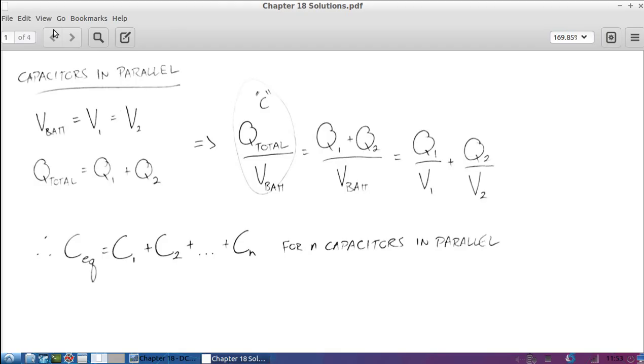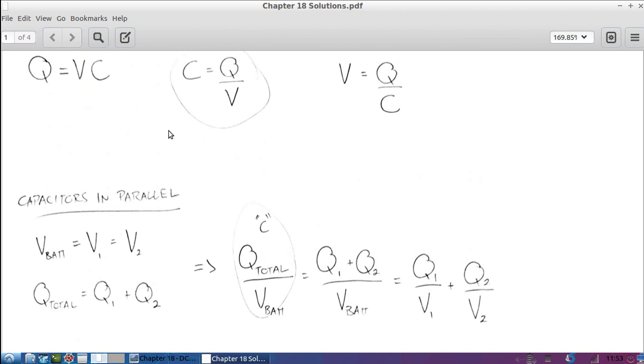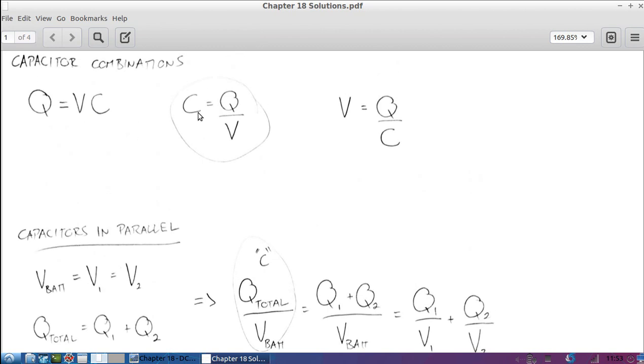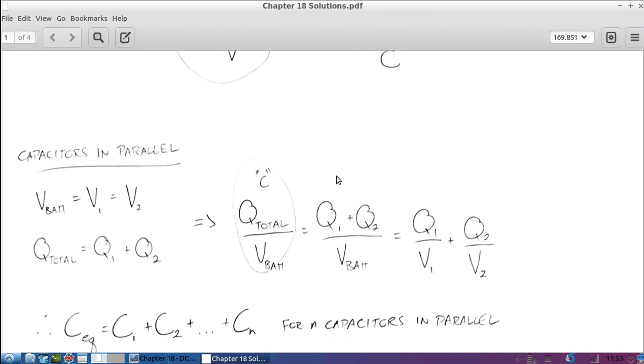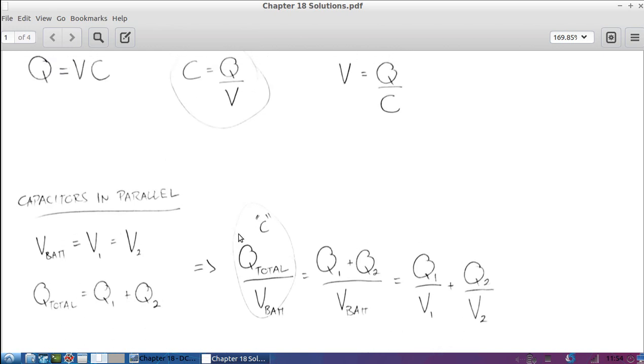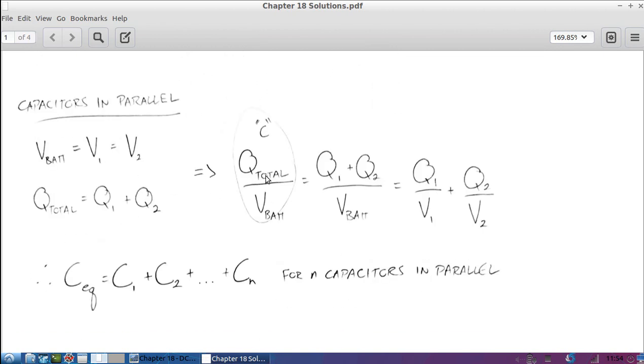So I'm looking for an expression for the equivalent capacitance. I'm going back up here and using this equation, C equals Q over V. Let's say I know the total charge of the system and I know the voltage of the battery. So the equivalent capacitance of that circuit is Q total over the voltage of the battery, which I wrote as Q total over V bat.